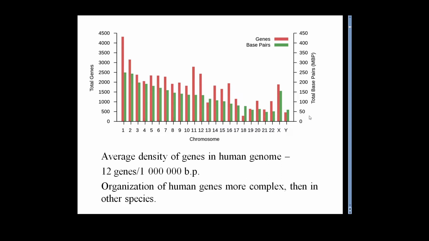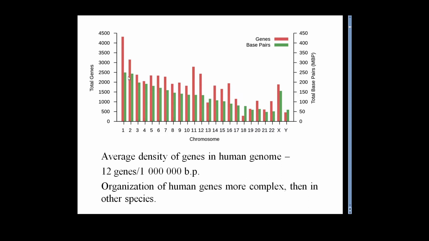Chromosomes consist of tens to hundreds of millions of base pairs, and you can see the first 2 chromosomes and the X chromosome are very long, more than 150 million nucleotides. The density of genes is relatively high, for example in the first, second, 11th, 12th, and X chromosomes, up to more than 4,000 genes in the first chromosome.